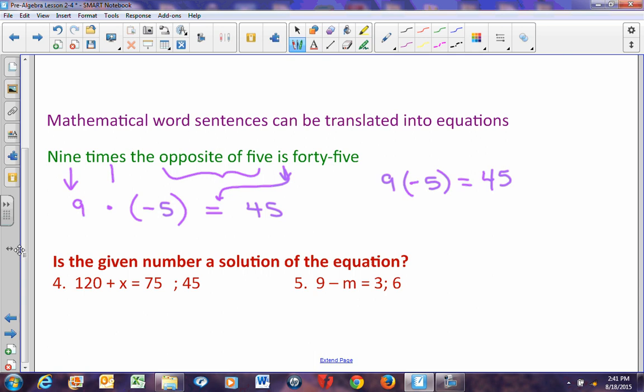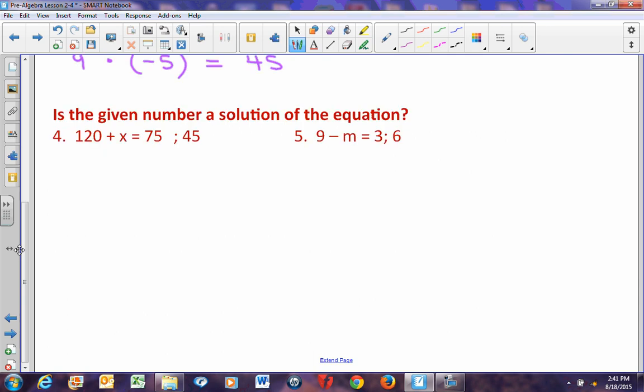Sometimes they want to know if a number is a solution to an equation. If that's the case, all you have to do is plug that number into the original equation and see if it makes a true statement. Here we have 120 plus x equals 75, and we're going to plug in 45 for x.